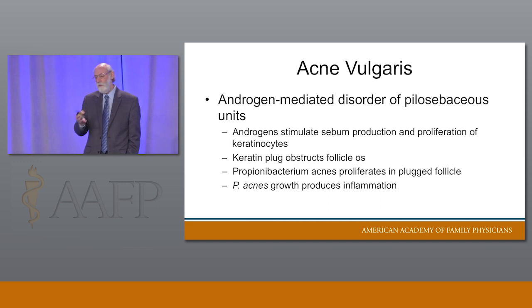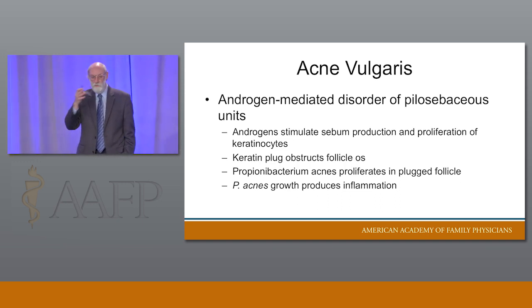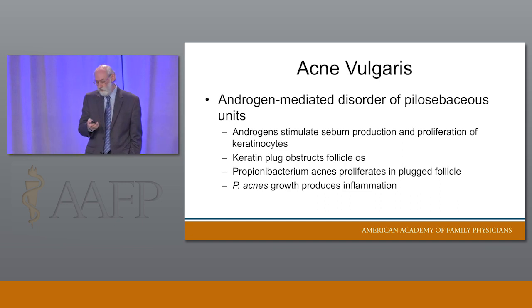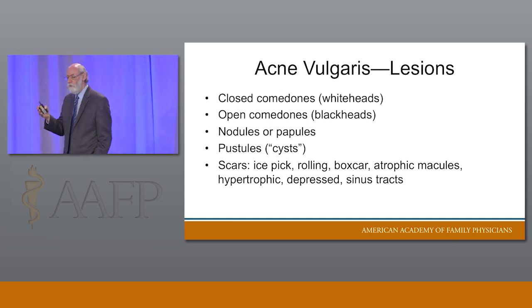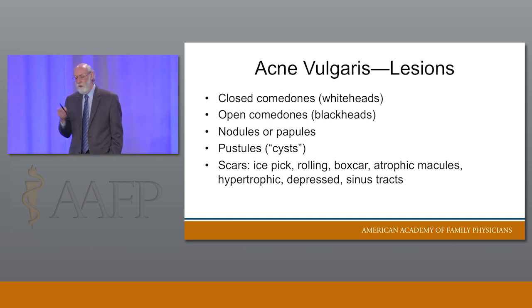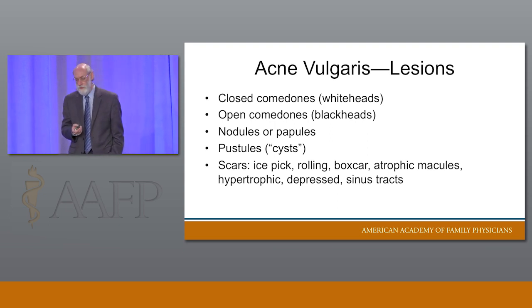Bacteria, Propionibacterium acnes, get in there and multiply, causing inflammatory substances to be released, and that causes the lesions that we see. You can see closed comedones and open comedones, nodules, papules, pustules, and scars.